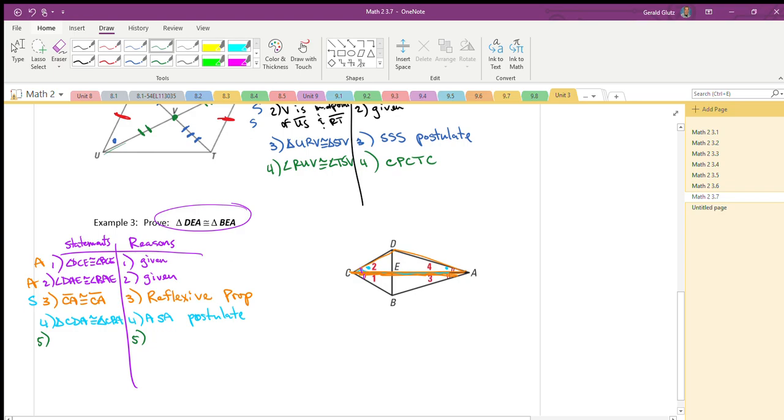Since we know that these 2 triangles are congruent, we could also say that DA is congruent to BA because of CPCTC. So again, if these 2 triangles are congruent, their corresponding parts should also be congruent.